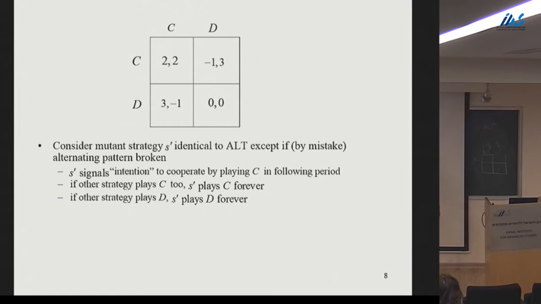So the following period is going to be either CC, in which case S prime will play C forever, or CD, in which case S prime will play D forever. So does everyone understand? I understand the play C forever. So play C no matter what happens after that.